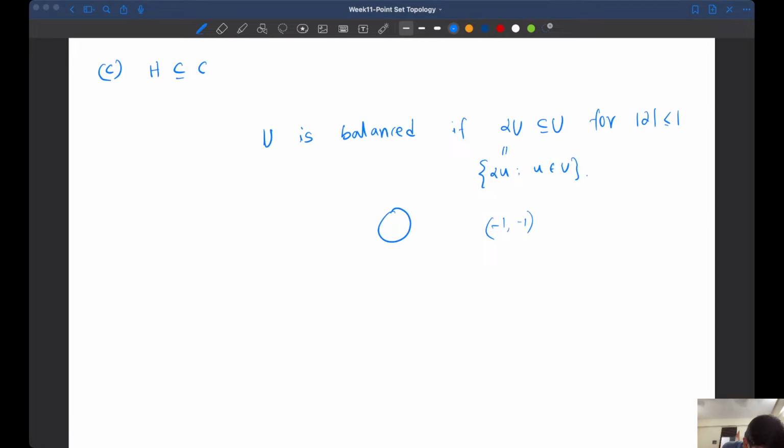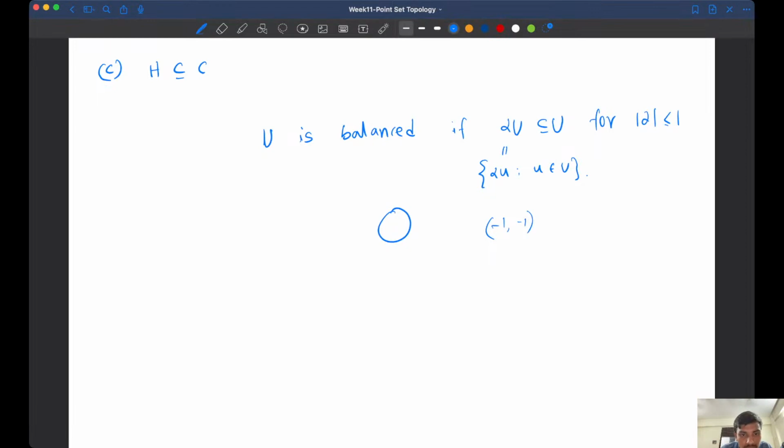Can you give me any hint: if I have a continuous map and a set in the codomain that is balanced, how can I prove its inverse image is also balanced? Can you repeat once again?